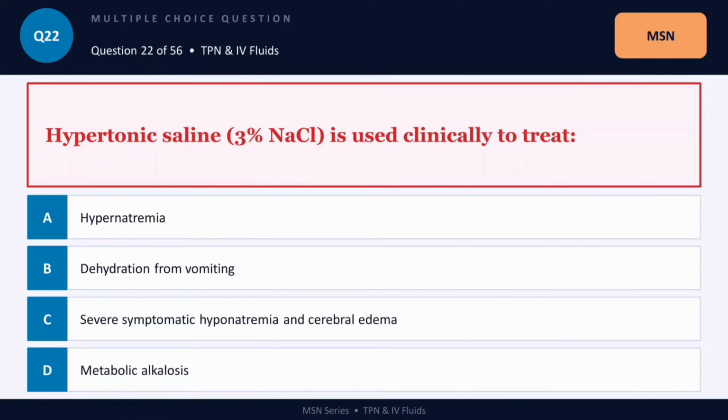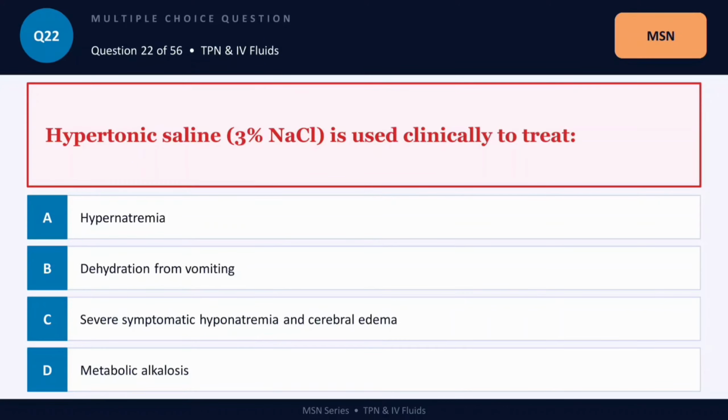Question number 22. Hypertonic saline 3% NS is used clinically to treat option A, hypernatremia, option B, dehydration from vomiting, option C, severe symptomatic hyponatremia and cerebral edema, option D, metabolic alkalosis.